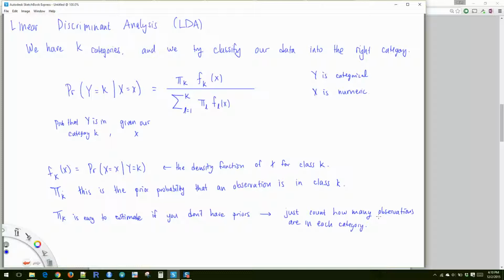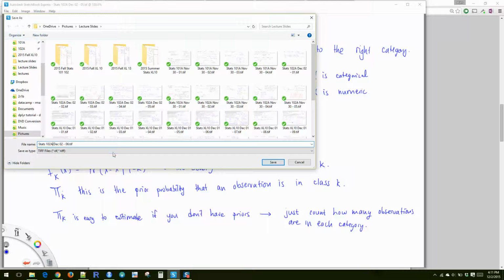If you don't have any information, you just say something like, if half of your data comes from category 3, then your prior for category 3 is going to be 0.5. Okay, just something like that. So anyway, this is how we do it, just practically speaking.